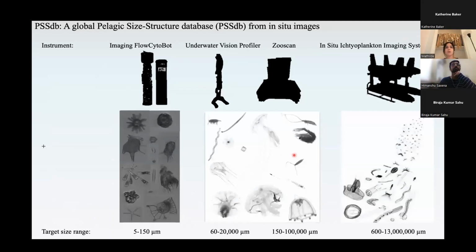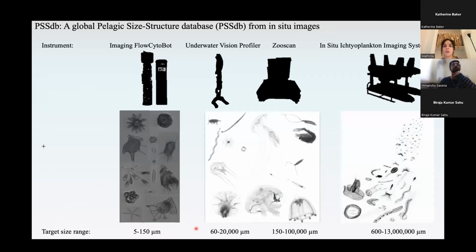So like I said, we are going to be using multiple imaging devices, and each one of them has a specific target for the organisms that they detect. We are going to be using the imaging flow cytobot that typically images organisms from 5 to 100 micron size, and it includes both autotrophs and heterotrophs.